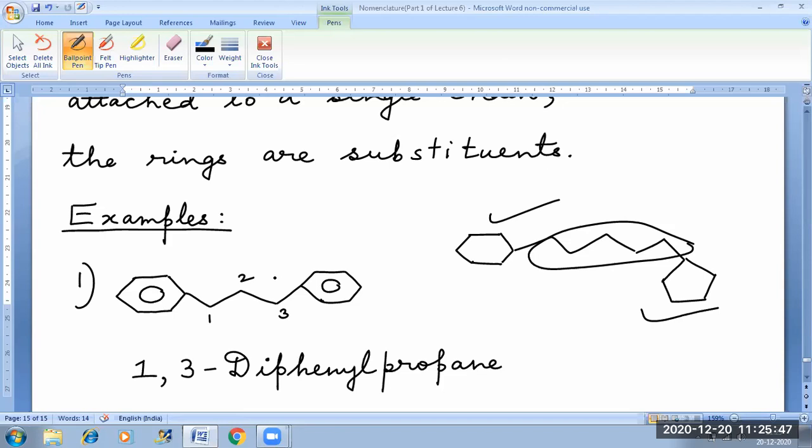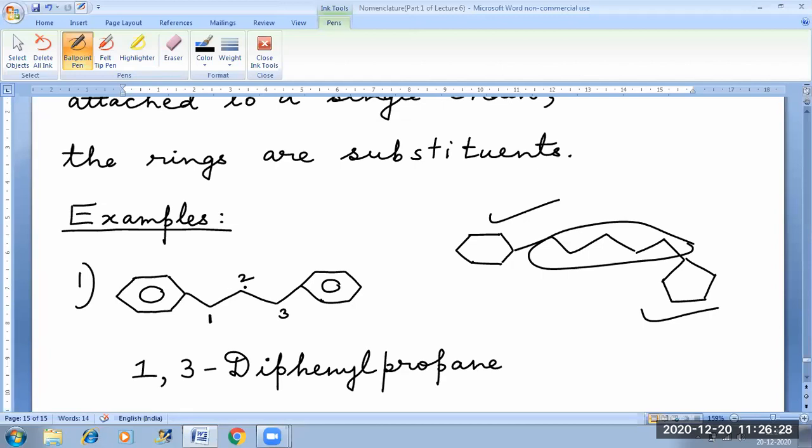The rings will be treated as substituents, provided that there is no principal functional group attached to the ring. In this example, there is no principal functional group attached to any of the rings. That is why both the rings will become substituents. Why? Because there is more than one ring.